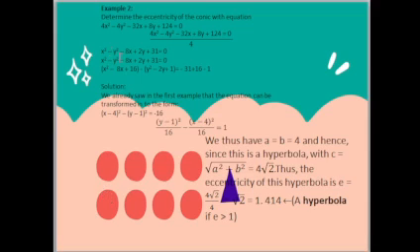And we need to group them. So we have x squared minus 8x, and the other group is minus y squared, it becomes minus 2y, because we have a negative before the given binomial.